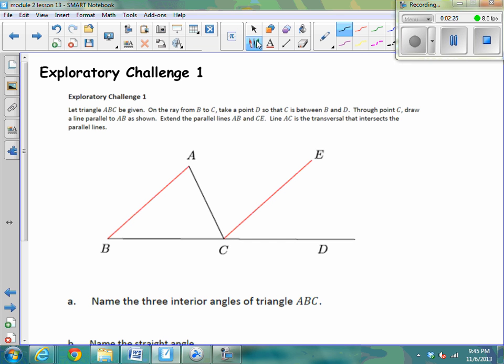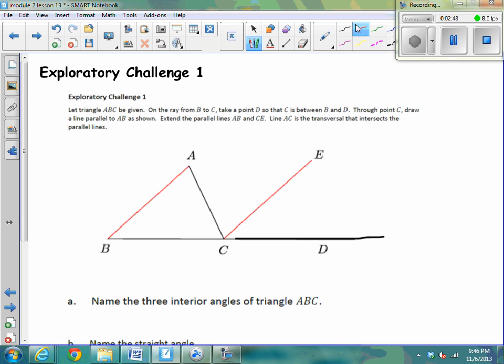If you notice, they've extended this ray, BC, and put point D there. And then they've also, through point C, drawn a line that was parallel to AB as shown.